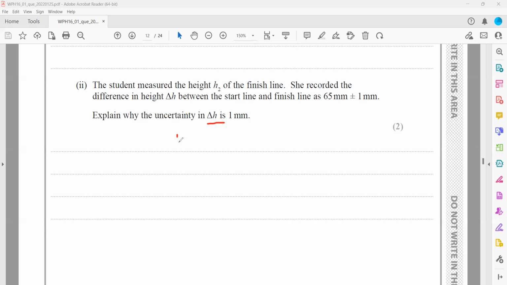So how is delta H calculated? Delta H is calculated by using the formula H2 minus H1.